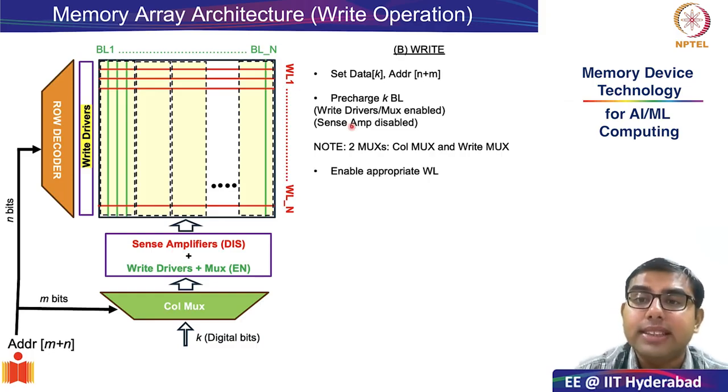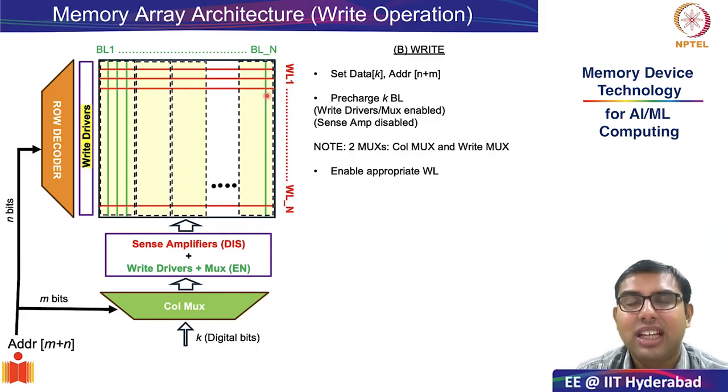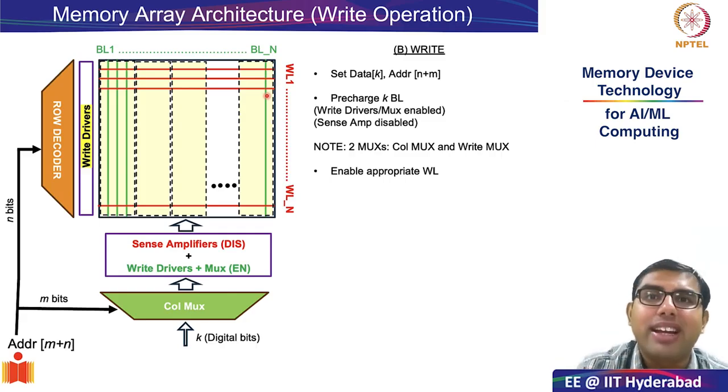So after this pre-charge of the k bits is done, the next part is to select or enable the appropriate word line. When the appropriate word line is enabled, the data select pin goes high, and therefore the storage node is now connected to the bit line.